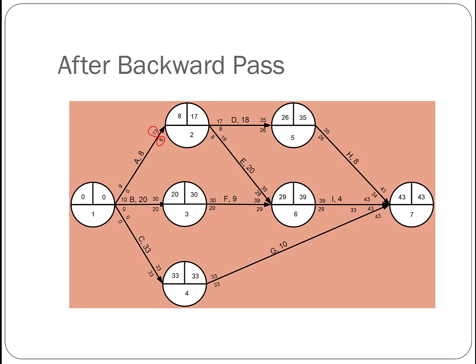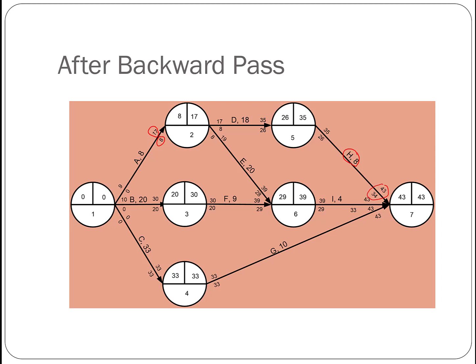Or if you pick another single activity, say H, the difference between the late finish time and the early finish time is 9. So again, you have about 9 days leeway if you have to delay the starting of activity H. And we need to be very careful. The slack can only be used once on one path.